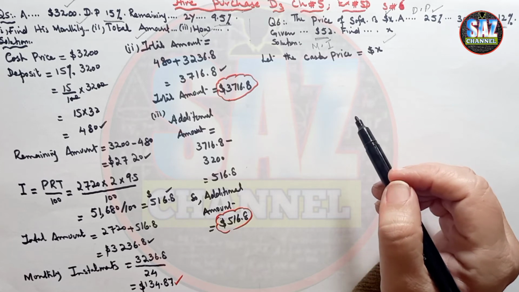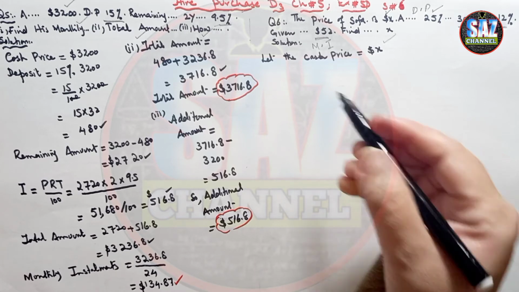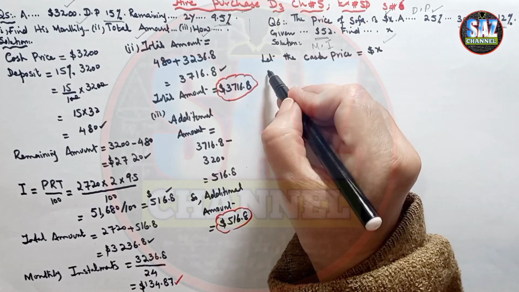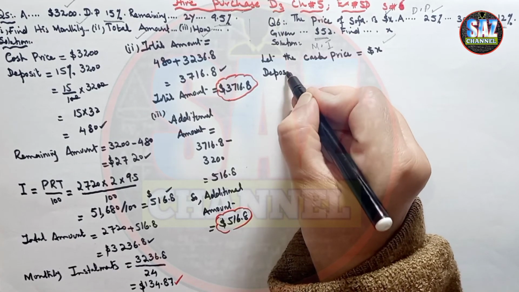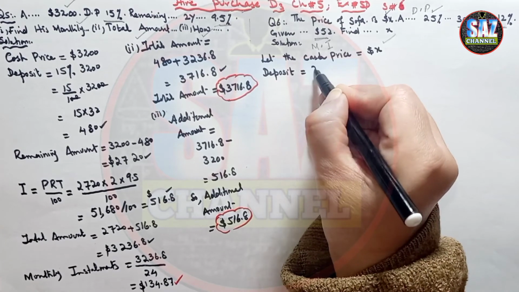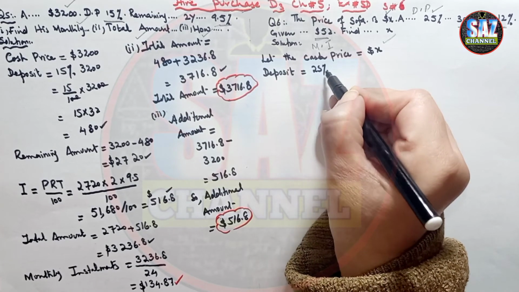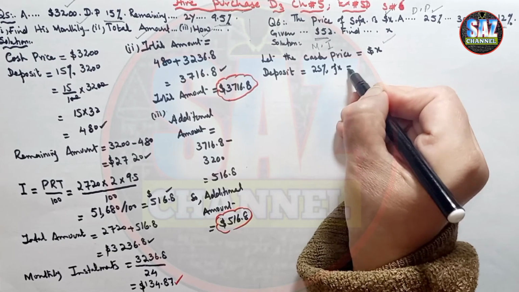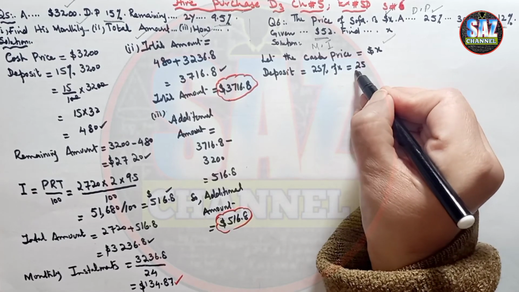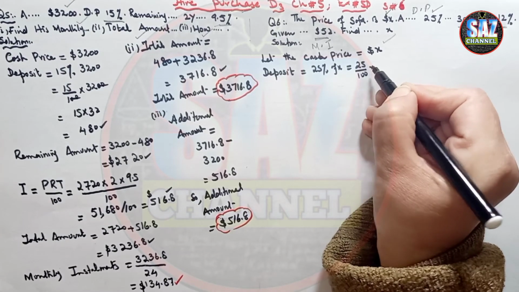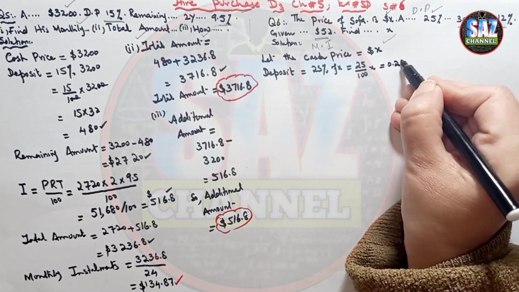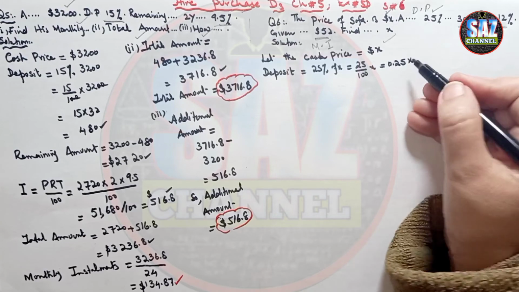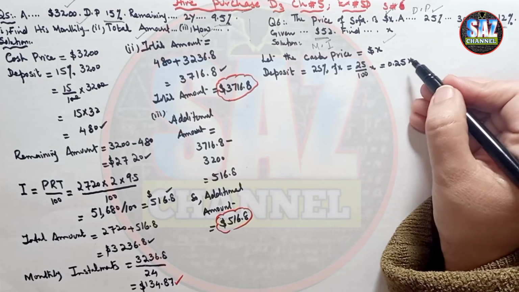he is paying a 25% deposit. So the down payment, or deposit, will be equal to 25% of x, or 25 by 100 x, or 0.25x. So this is the amount that he is paying at once.